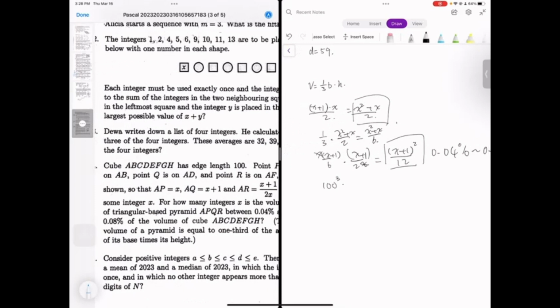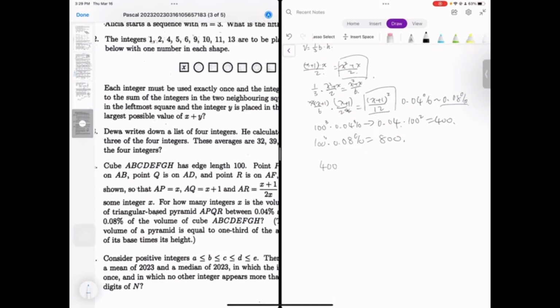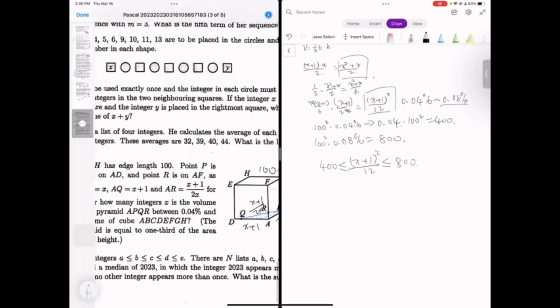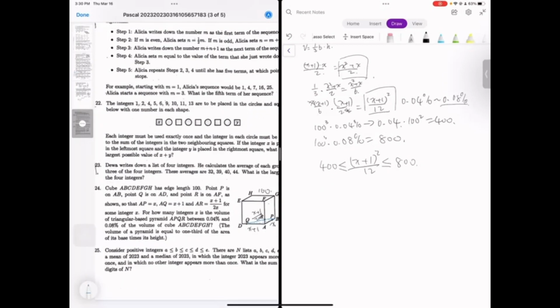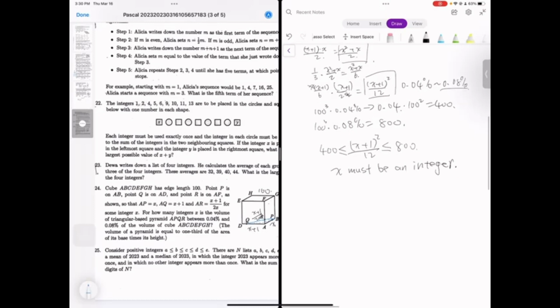So let me just write down the inequality. 400 is less than or equal to x plus 1 squared over 12, less than or equal to 800. And then we know that x must be an integer. So let's just do the calculation. First, let's solve for the first part.